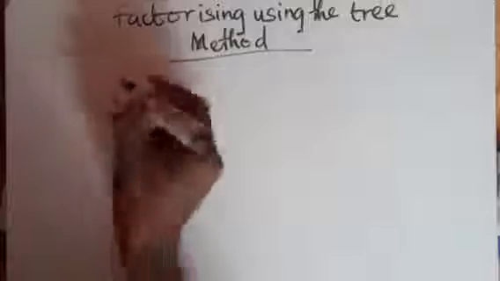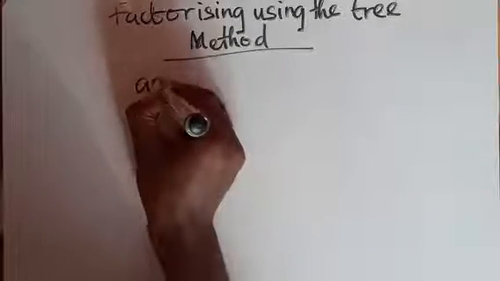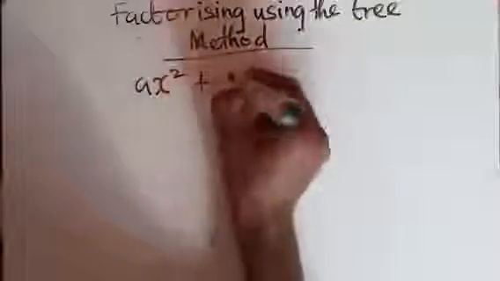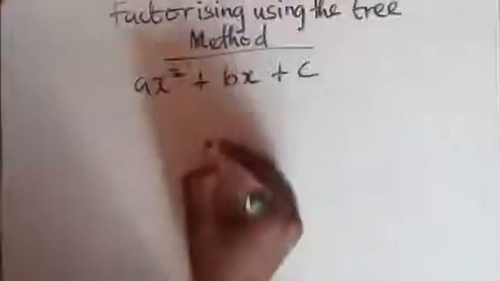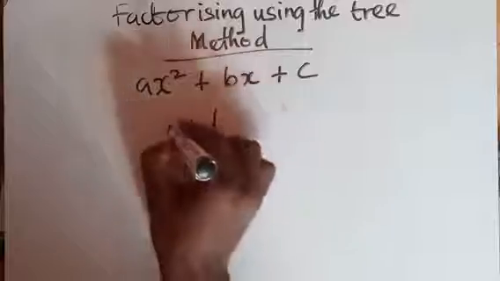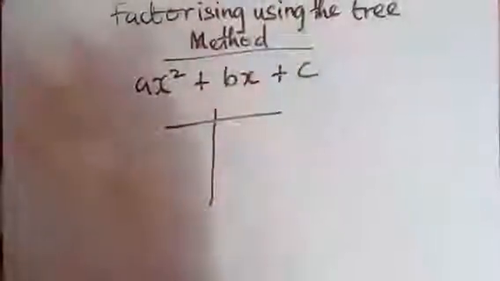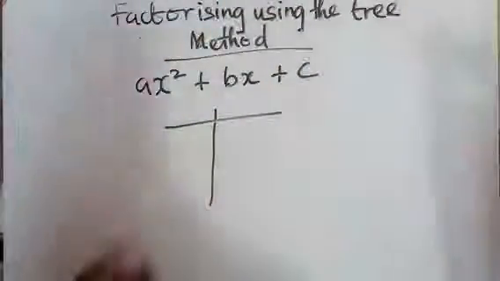The general quadratic function is given as ax squared plus bx plus c. So we just draw our simple tree like this. Let the tree be straight.